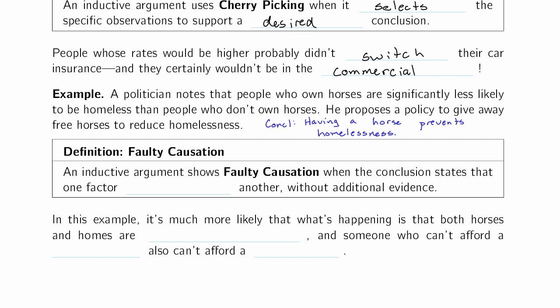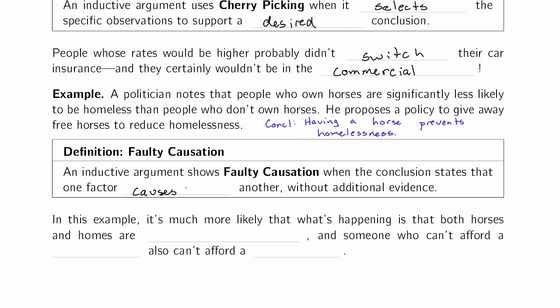An inductive argument is using faulty causation when the conclusion states that one factor causes another, without enough evidence to support saying that one factor causes another. So usually what's going on is something like what's happening in this example.